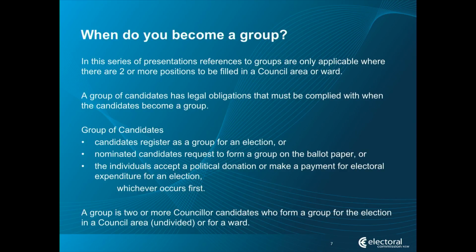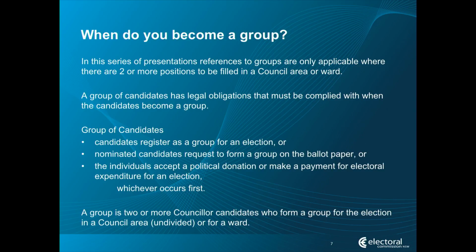When do you become a group? In this series of presentations, you should know that references to groups are only applicable where there are 2 or more positions to be filled in a council area or ward. A group of candidates has legal obligations that must be complied with when the candidates become a group.